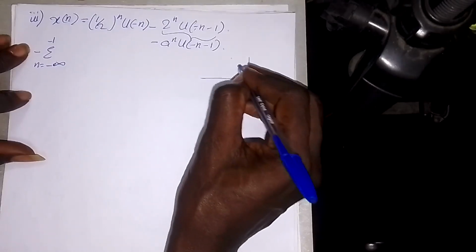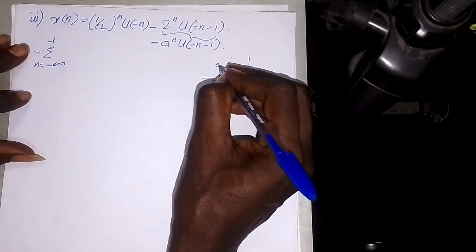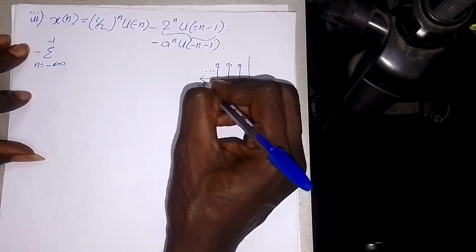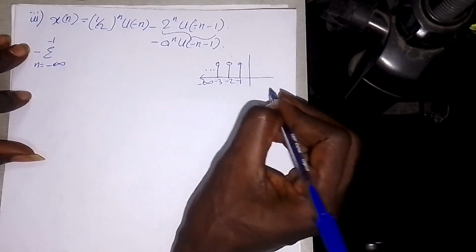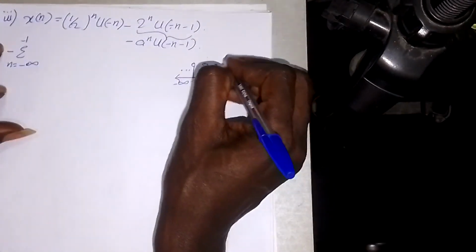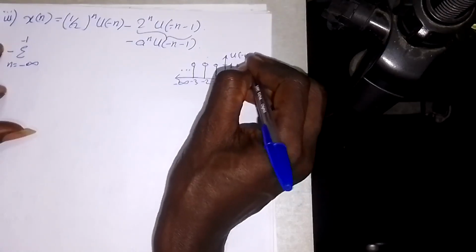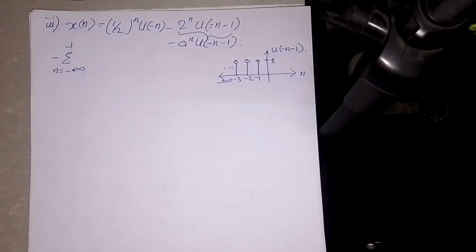So it will start from here and continue to minus infinity: minus 3, minus 2, minus 1, here is n, and here you have 1. Here you have u of minus n minus 1. So that is how this sequence is going to be.